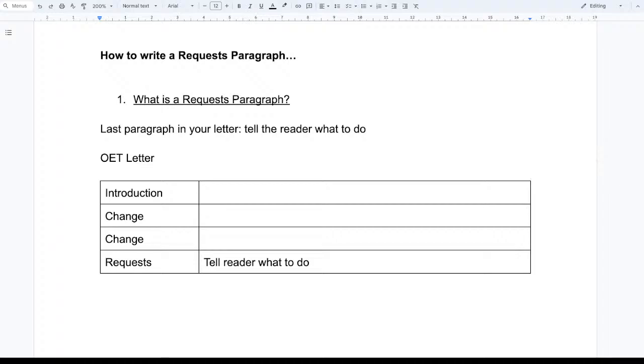But the question now is number two. What am I going to use? What's the language that I'm going to use in a requests paragraph? That's what I want to talk about now. So let's talk about the language you might use in a requests paragraph.